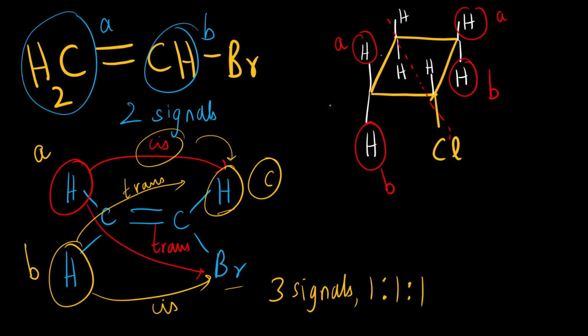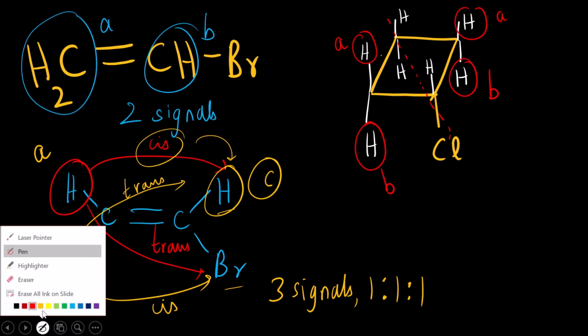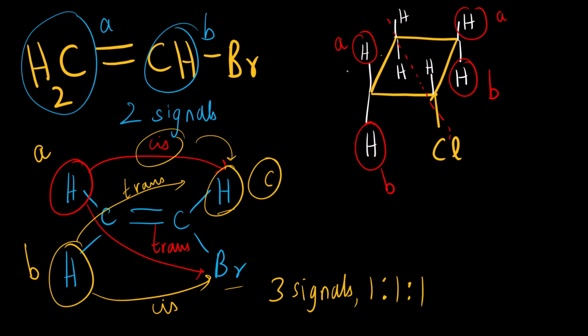Now I will draw another plane and you have to tell me whether this is a plane of symmetry or not. Blue one, is this a plane of symmetry? The answer will be no, because here you have Cl, but on the other side there is no Cl. So this hydrogen will give a different signal because it is cis to hydrogen and trans to chlorine.